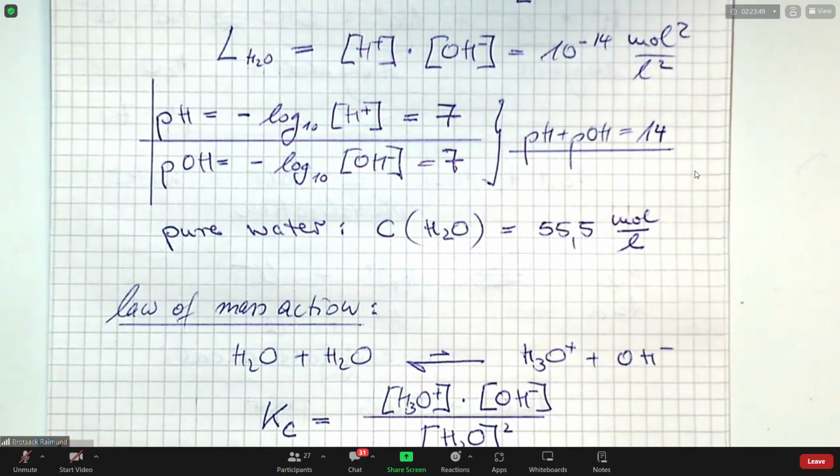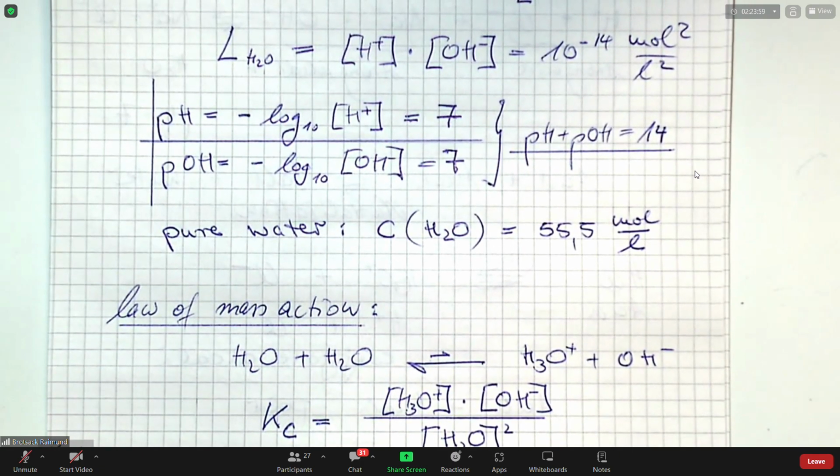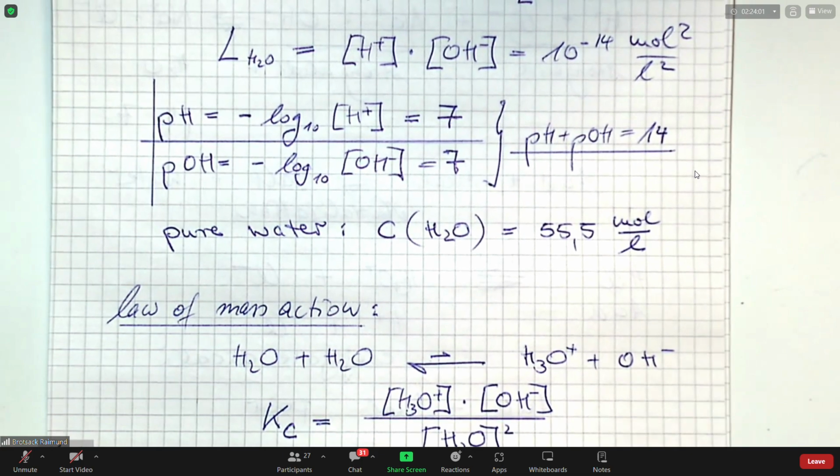If we write Kc times the concentration of water square, it is the ionic product of H3O plus times OH minus.